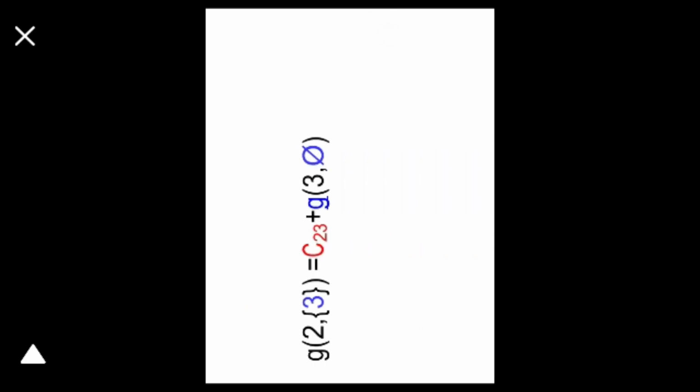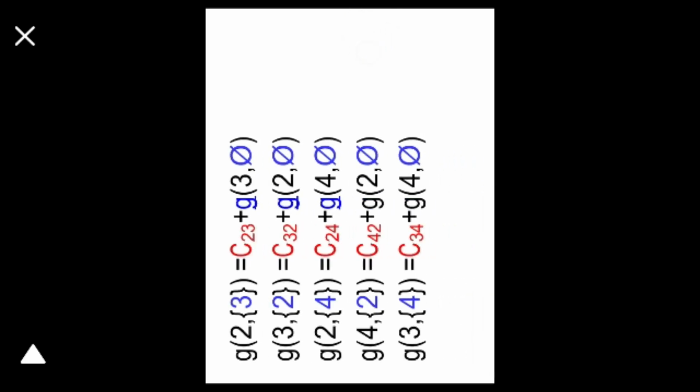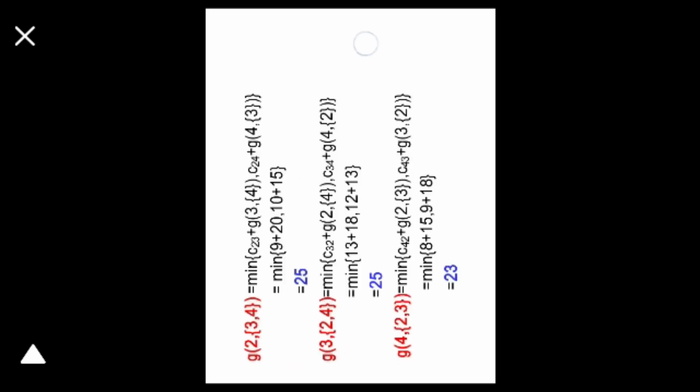So now using those values, all these values are calculated and finally substituted here. Once I get these values, then finally G of 1 comma 2 3 4 we have to compute.